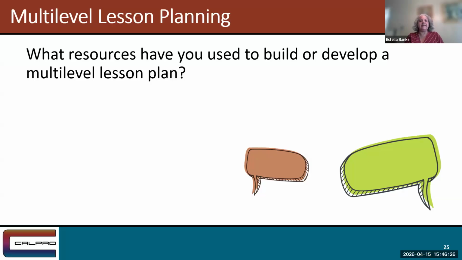Okay, great. These are great examples of activities that you can use in a multi-level activity. But what about the lesson planning? What resources have you tapped into to help you build your lesson plan?